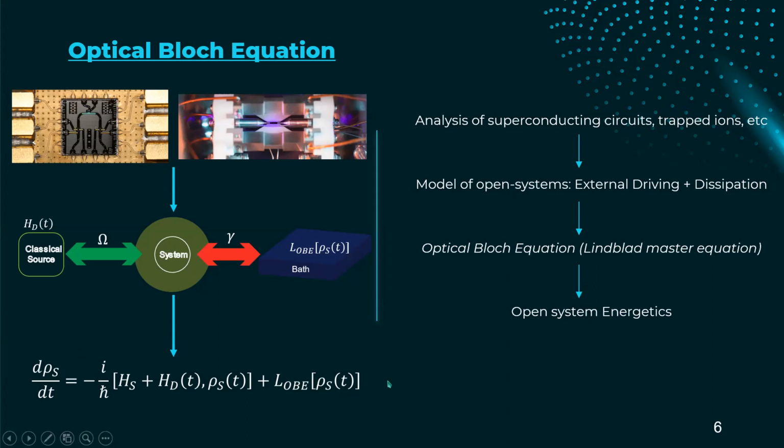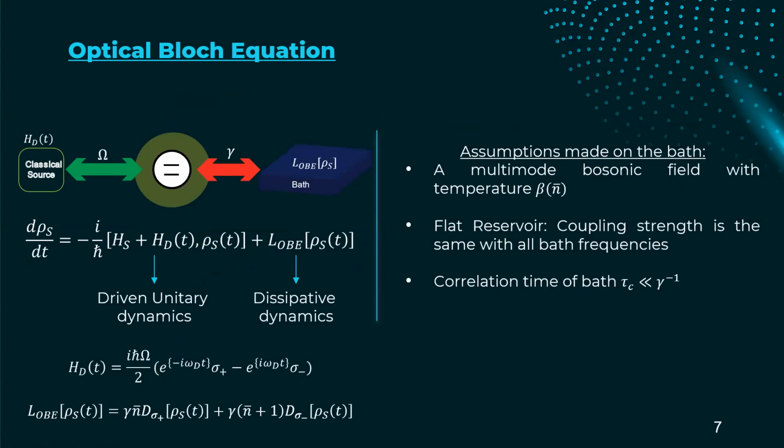So what are these optical Bloch equations? In the optical Bloch equations, the system is a qubit, as you can see here. And there are some assumptions made on this bath that the qubit interacts with. So first of all, this bath is thought of as a multi-mode bosonic field with some temperature beta, or the average excitation number could be n bar that I've used here.